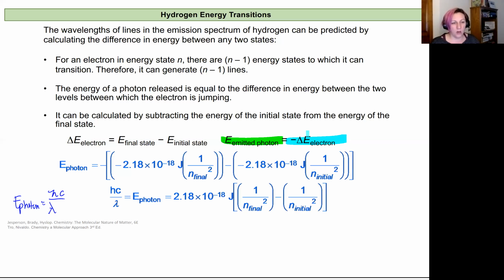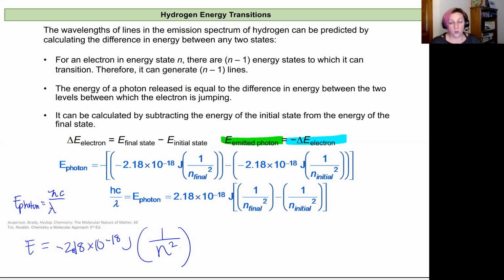We know already that we can relate the energy level of an electron to the inverse of the integer of that quantum number n. And so here, let me write that down on the side too. We had said that the energy of an electron at a level would be equal to that Rydberg constant, negative 2.18 times 10 to the negative 18th joules, times 1 over the quantum number n squared.